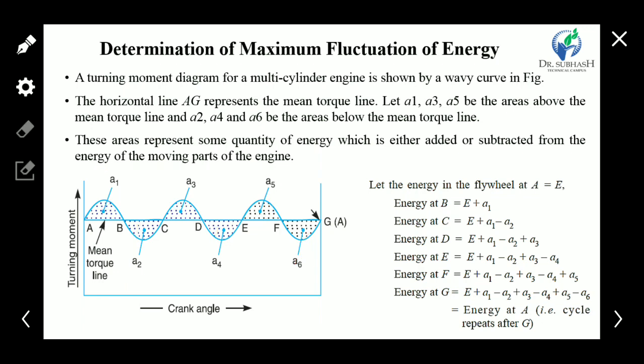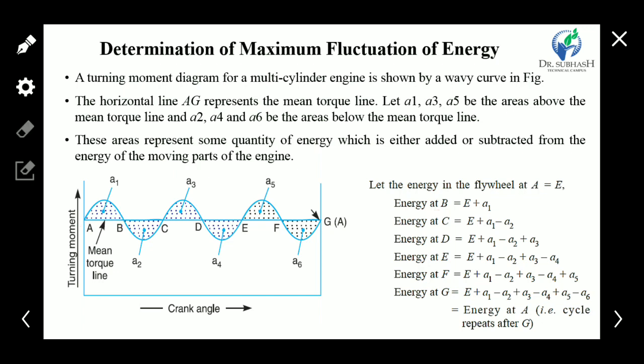Now consider that E is the energy of the flywheel at point A. If the crankshaft is rotated, the energy of the flywheel at point B is E plus A1.